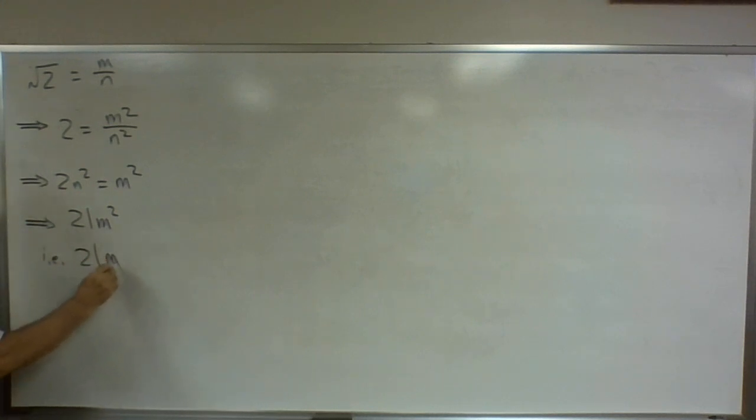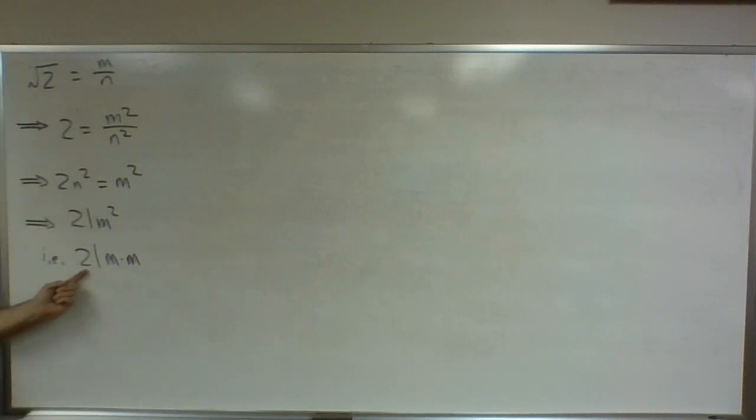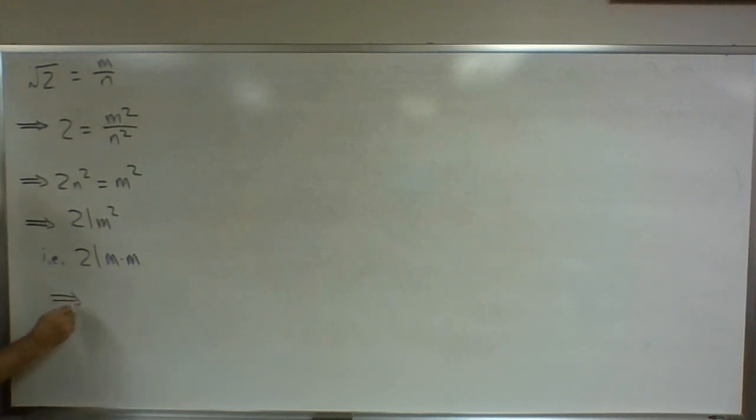But m squared is just m times m. Now remember, we had a theorem not too long ago that said if a prime divides the product of two numbers, it has to divide one of them. Since 2 is prime and it divides the product of these two numbers, 2 has to divide one of them. In this case, both of them. So 2 divides m.